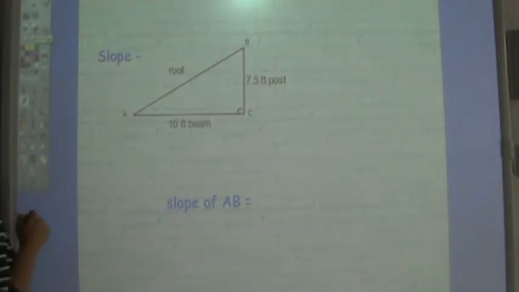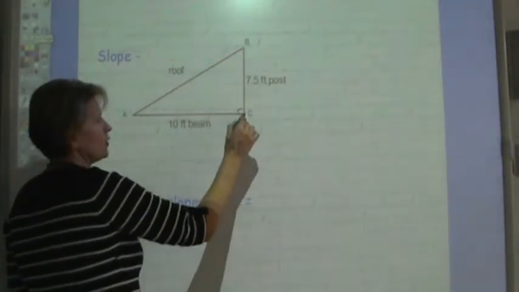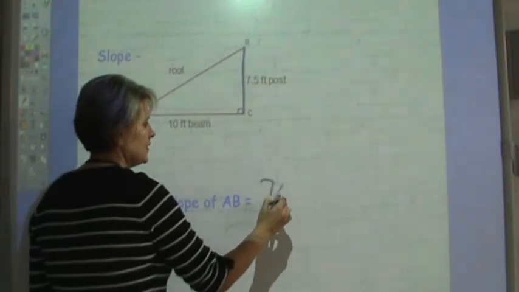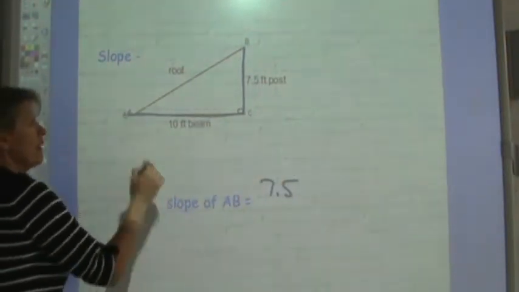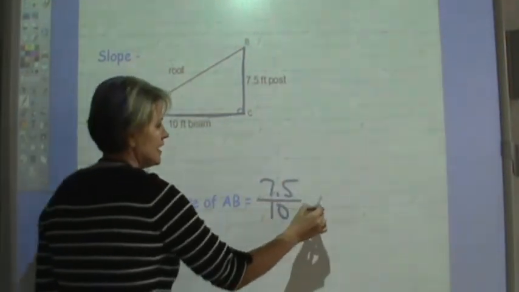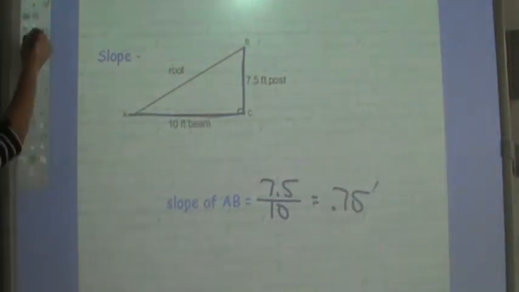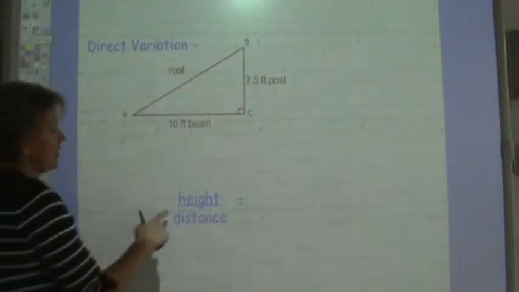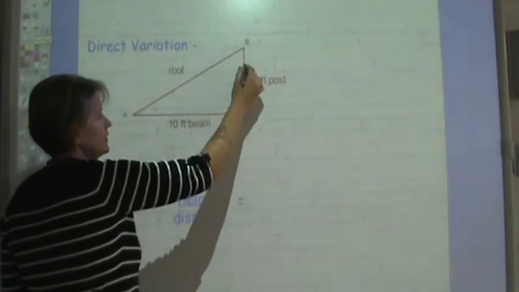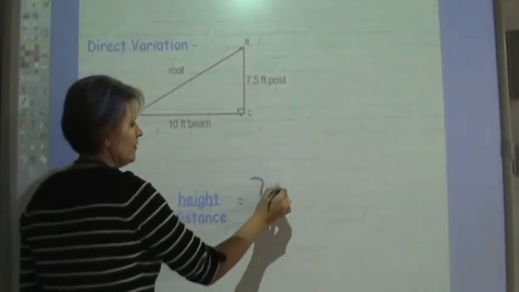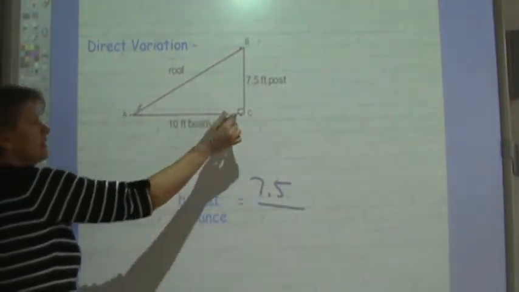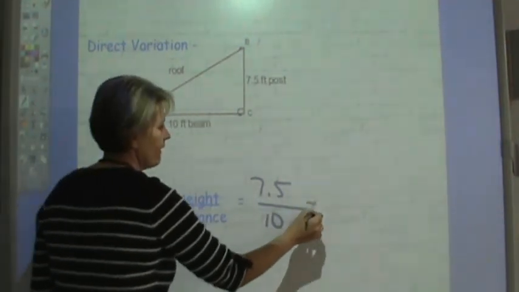If I did slope of AB, that means rise over run. Well, my rise is 7.5. My run is 10. So 0.75. And direct variation is height over distance. Well, my height is from here to here, 7.5. My horizontal distance from here to here is 10.